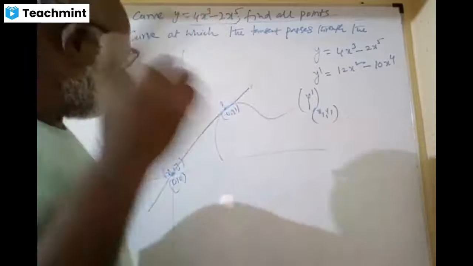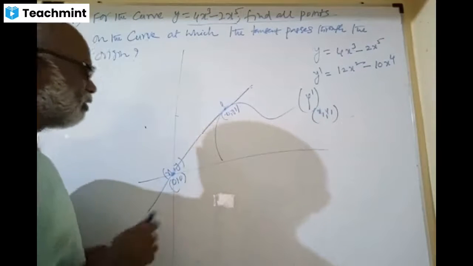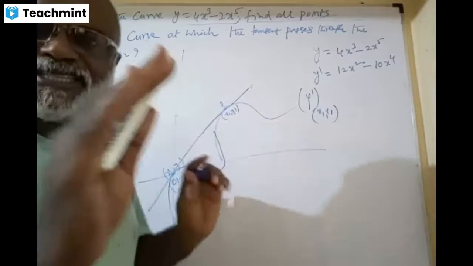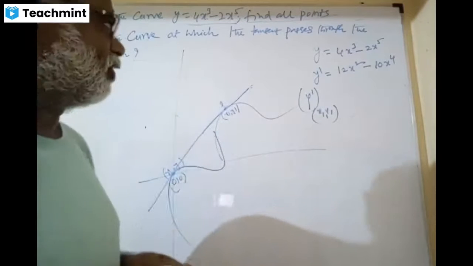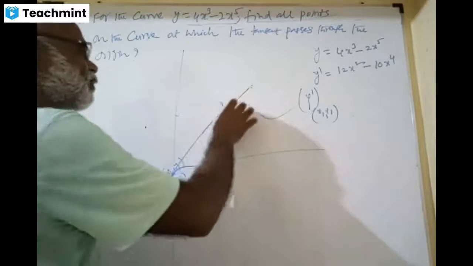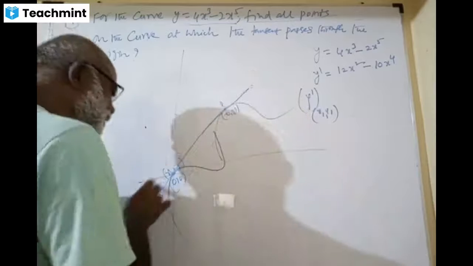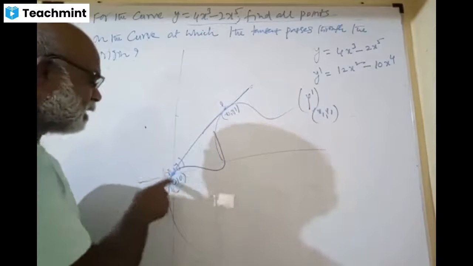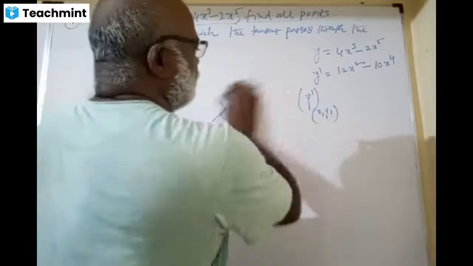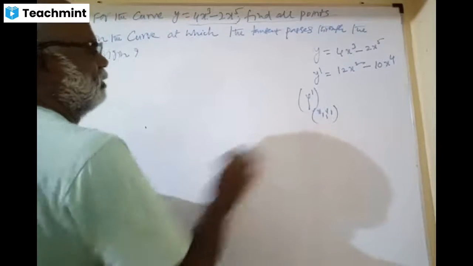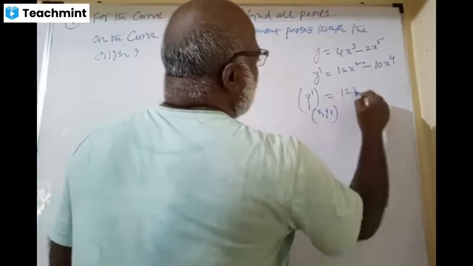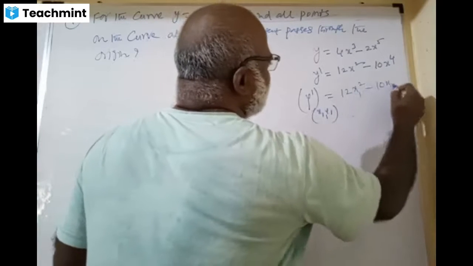The curve can also come like this, we don't know that. For now, this is x1, y1, at which you have drawn a tangent, and the tangent passes through the origin. So y dash at x1 is 12x1 square minus 10x1 power 4.